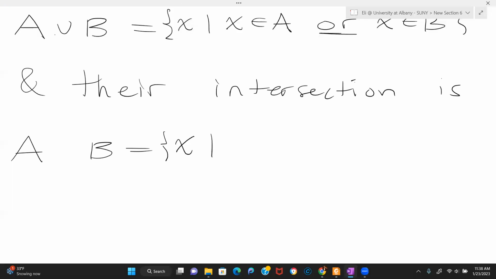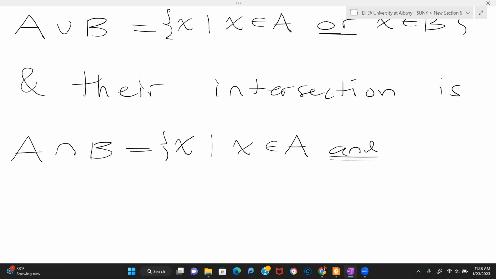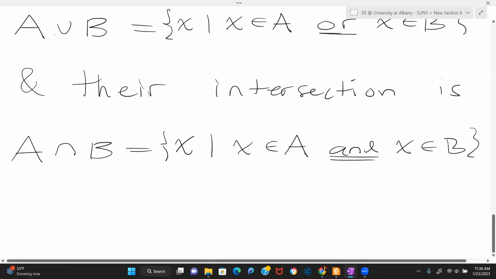Kind of like that. So it consists of all the x such that x is in A, and it's important that you have this, and x is in B. So in this case, x has to belong to both A and B.